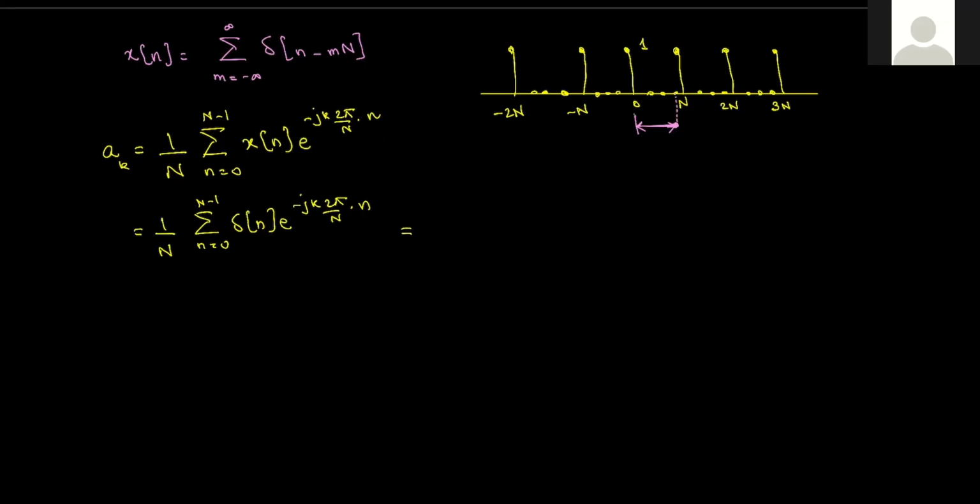Okay, let me just wrap this up first, and then I'll modify this problem to answer your question. Okay? I claim this is just 1 by N. Right? Why is this 1 by N? Everybody sees that? Yes, Hassan?